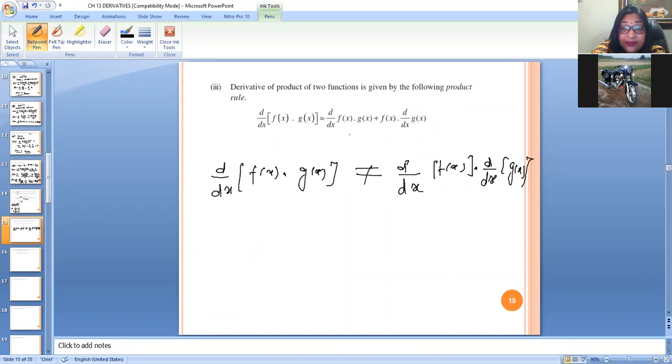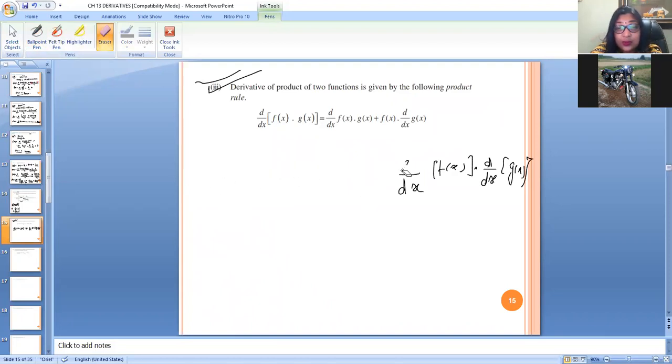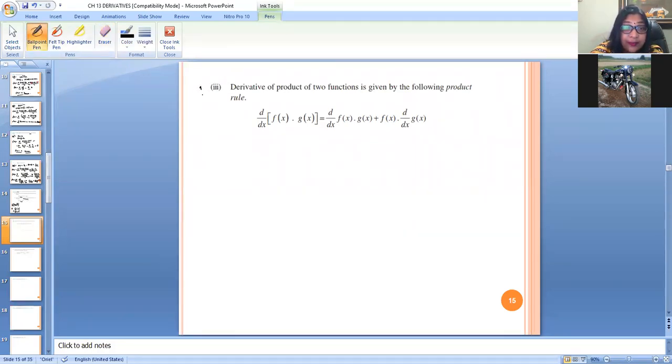But when we are taking the multiplication, the derivative will not be multiplying the two derivative terms. So it will be different, and we have to do that. What will that be? Derivative of product and quotient, meaning multiplication and division. These are two very important concepts from this chapter.